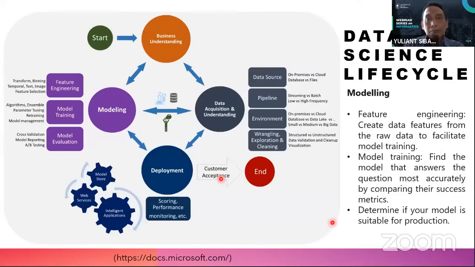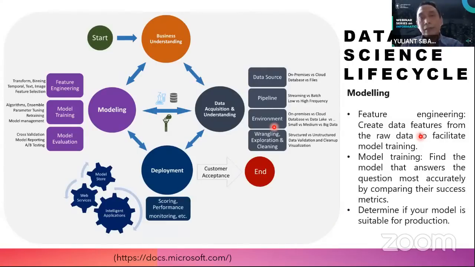In modeling, feature engineering, we create data features from the raw data to facilitate model training. This is usually the important thing: how to choose the appropriate feature to obtain the accurate result, accurate classification or accurate prediction.